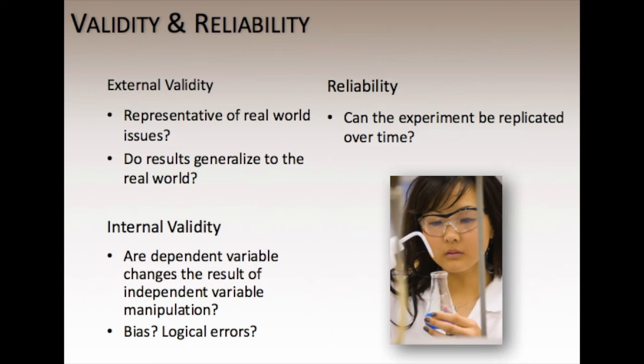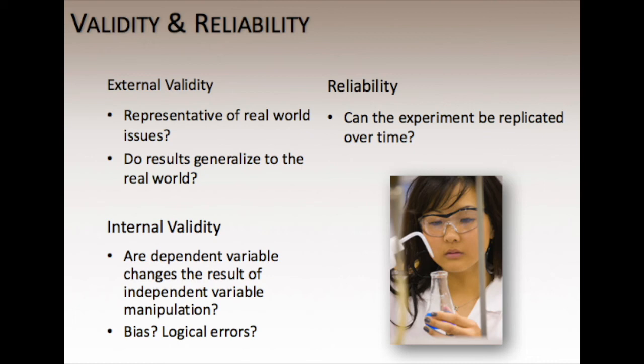Validity refers to the soundness of the conclusions that a researcher draws from an experiment. External validity refers to whether the experimental design is representative of real-world issues. Internal validity refers to whether changes in the dependent variable are actually due to the manipulation of the independent variable.